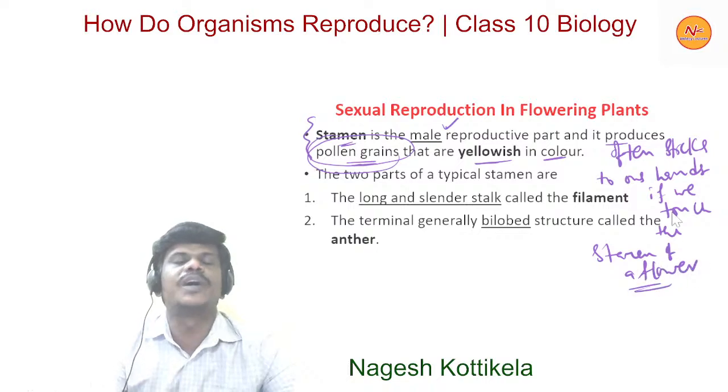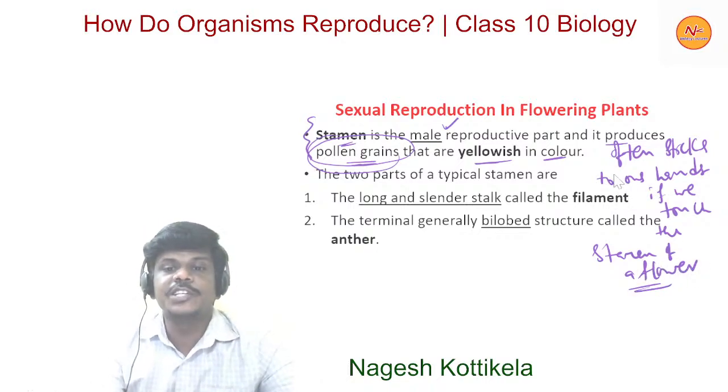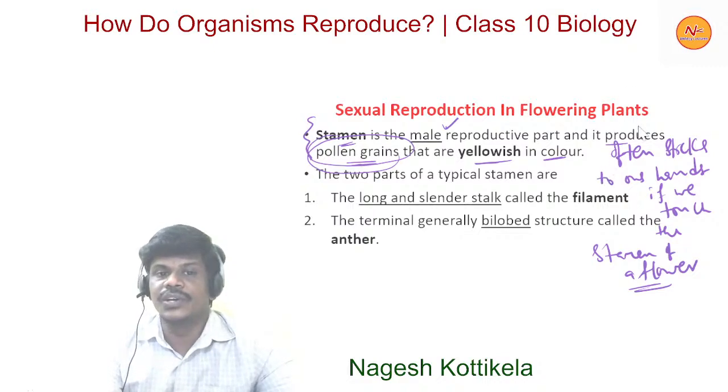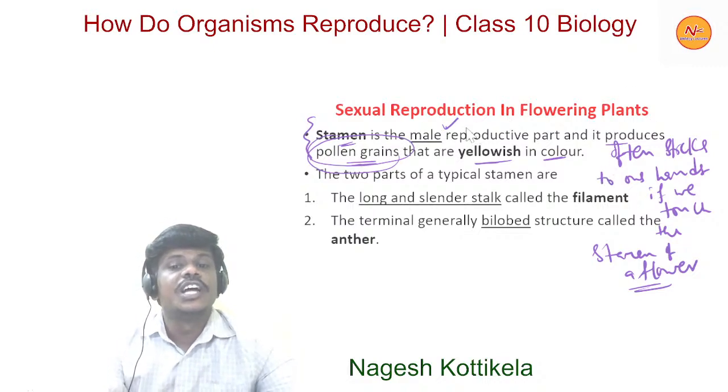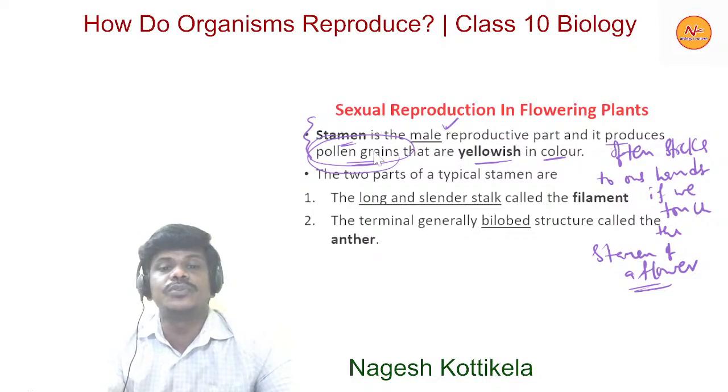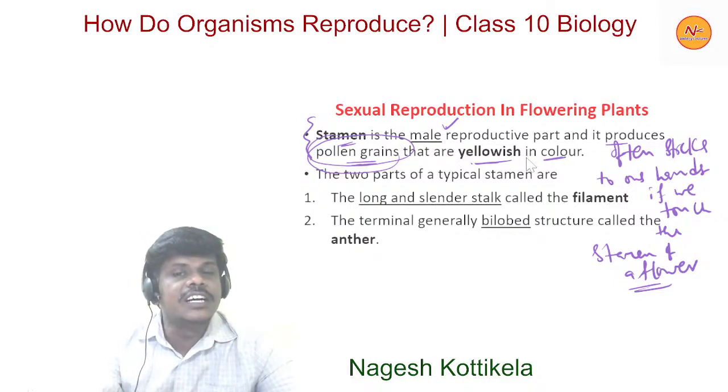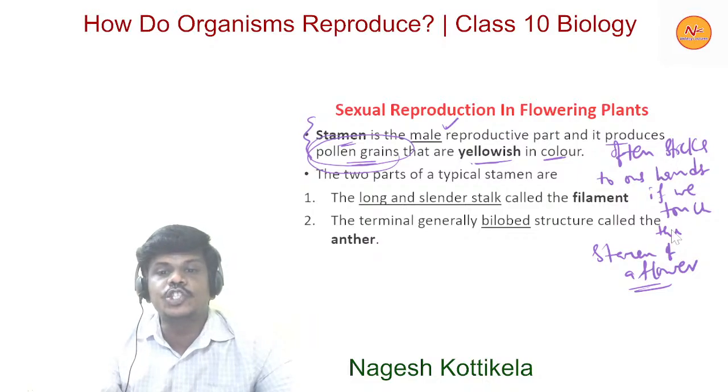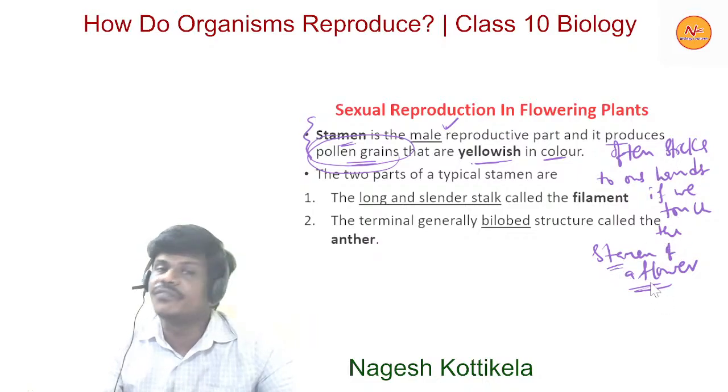So this is one general aspect. Once more: the stamen is the male reproductive part and it produces yellow pollen grains, which often stick to our hands if we touch the stamen of a flower.